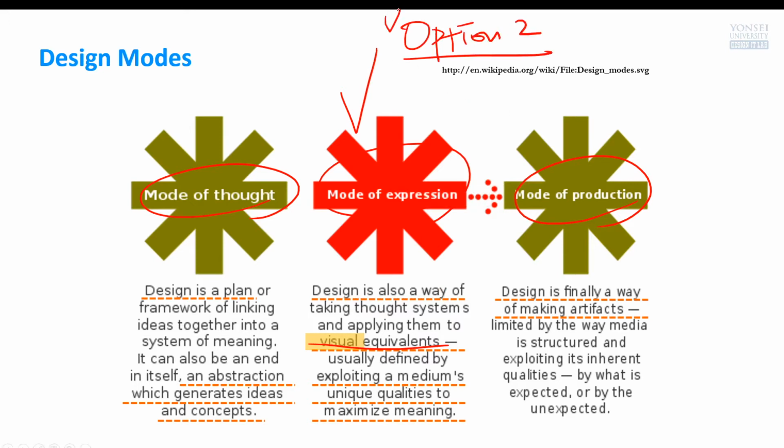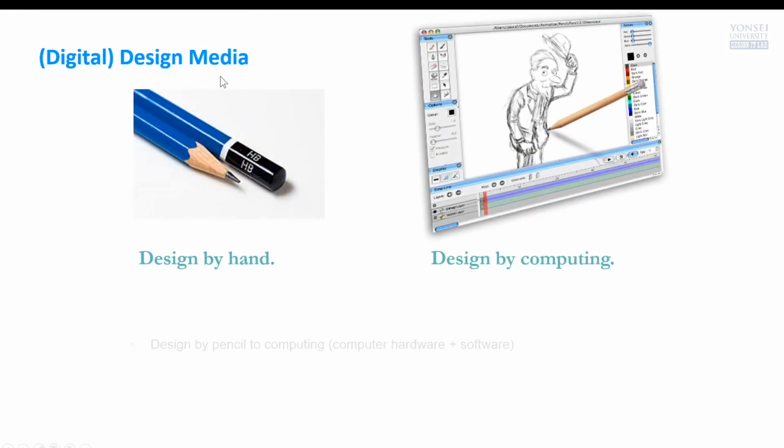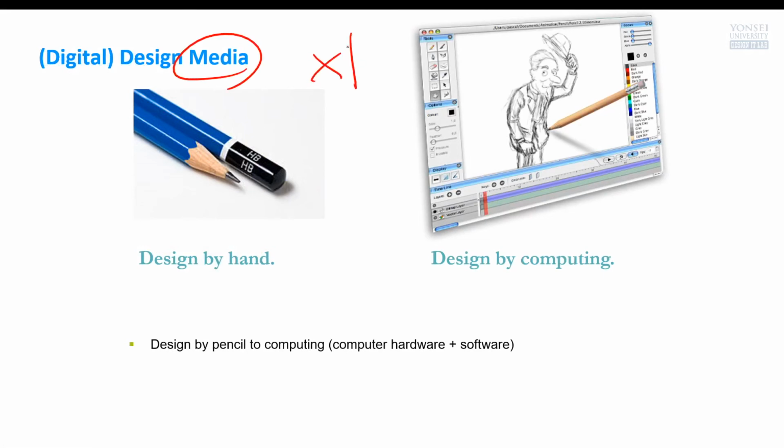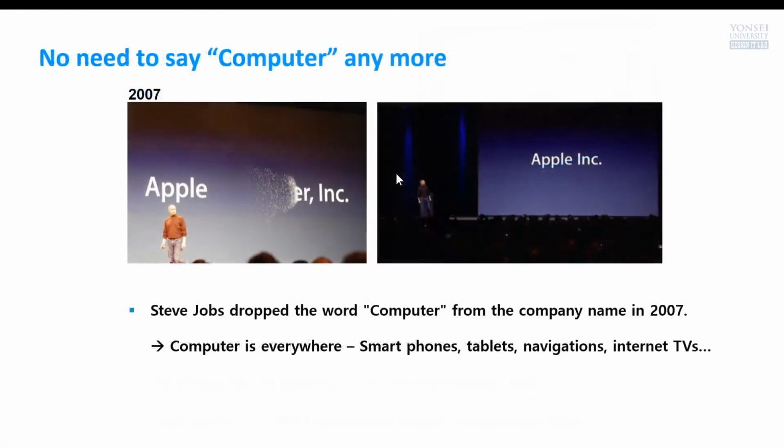Usually option 1 is the mandatory option, only one final subject, but for this summer class, I made the final project open. That is why I also gave you option 2. No problem. Design media. I also told you lots of cases, especially using XR technologies, interface technologies, and so on. So this is a sort of review.